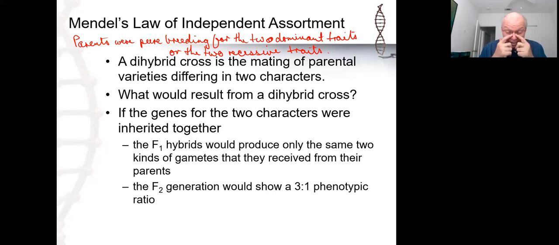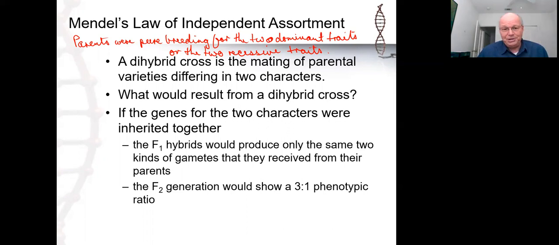So he knew at that point he had combinations of alleles. So when he starts out with his dihybrid crosses, he starts out with his pure breeding parents again, with either the two dominant traits or the two recessive traits. Breeding those together would then give him his heterozygotes, and they would all show the dominant traits that he was following.